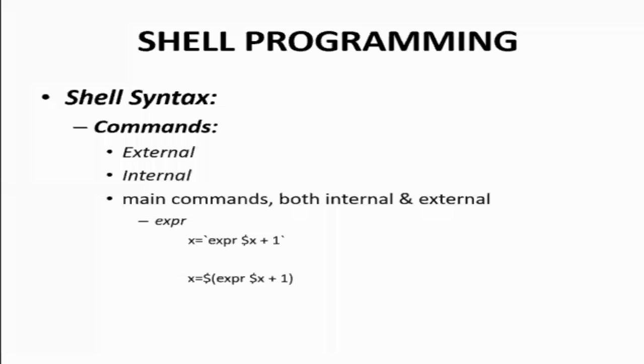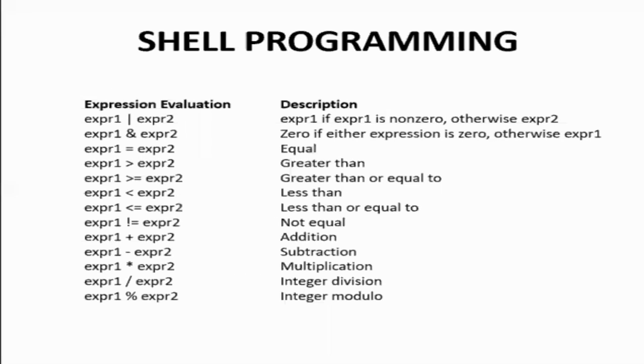Now I will show you a list of expression evaluation operators which are available in shell, in the form of a table. The first one is expression 1 or expression 2. That means expression 1 if expression 1 is non-zero, otherwise expression 2. If expression 1 is non-zero, then that will be evaluated.